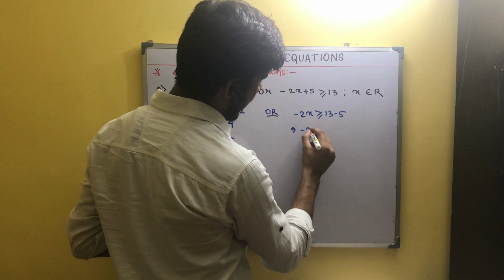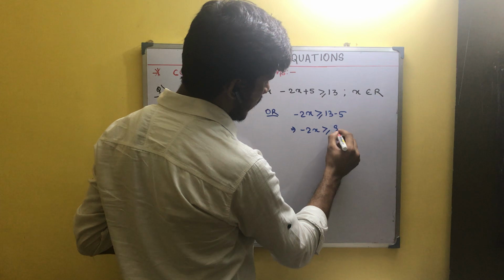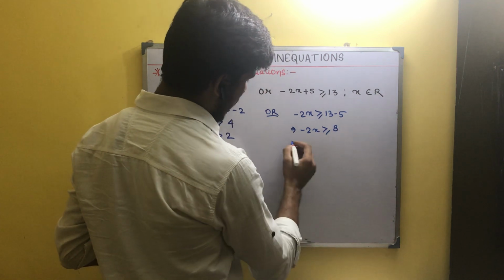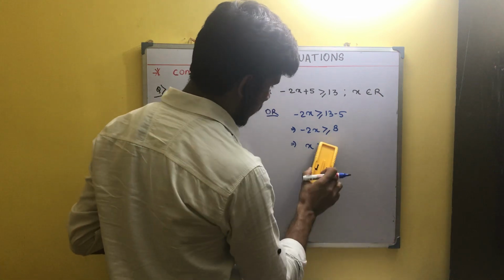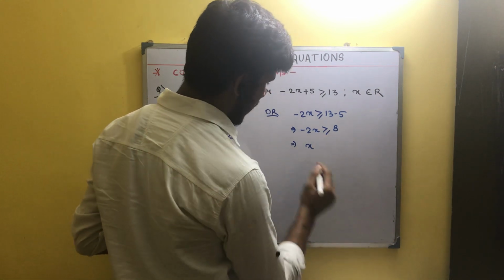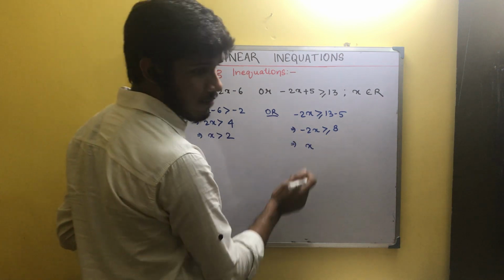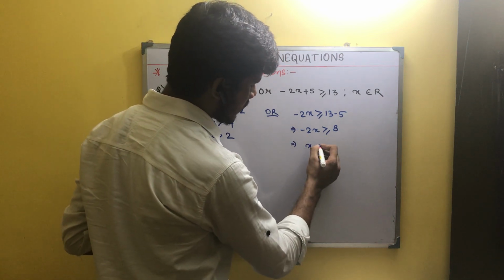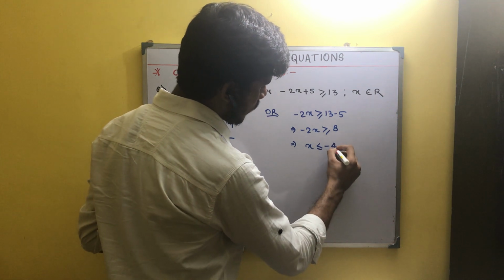That implies -2x is greater than or equal to 25. That implies x is... Now since here we have a negative, the sign will reverse as per the rules of inequations. Now x is less than or equal to -4.